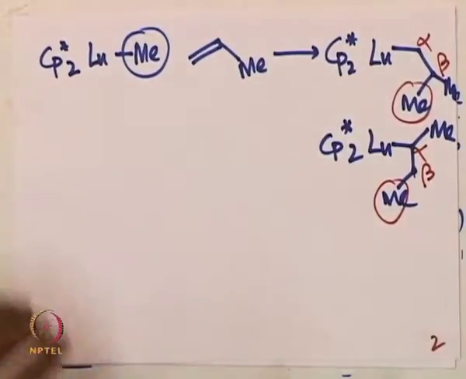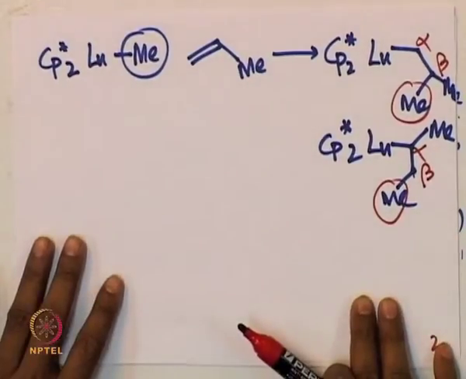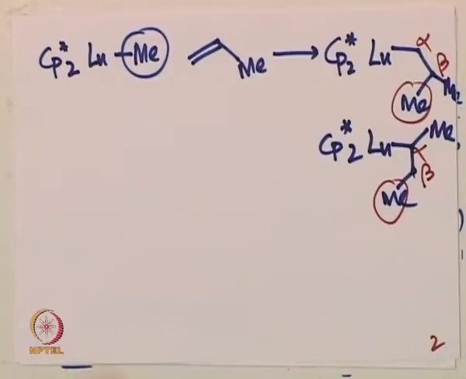Now, if you look at these two products, both of them are beta-migratory insertion products. In the first one, as you have seen, the R group, that is alkyl, methyl to be particular in this case, has been transferred at the beta position.